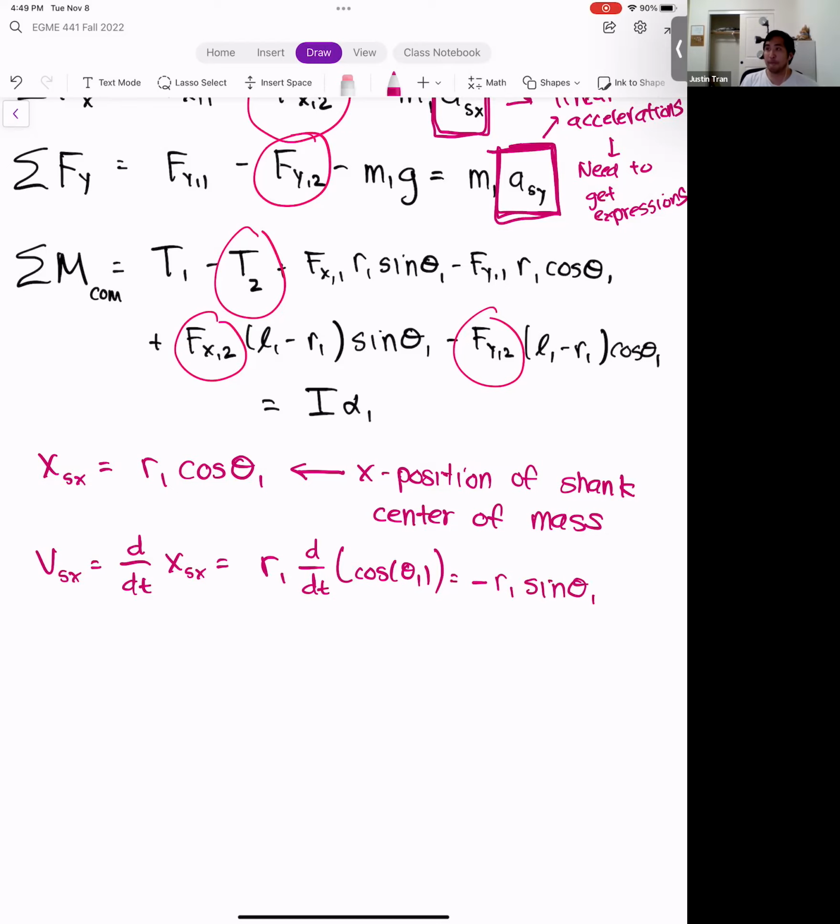Then by the chain rule, because the thing that actually changes with time is the theta, not the cosine, we have to take the derivative of the theta 1 on the inside too. So this is minus r1 omega 1 sine theta 1, where omega 1 is the angular velocity of the shank.